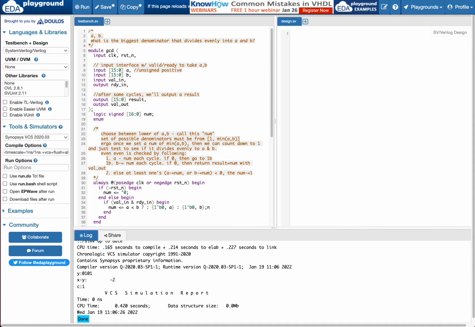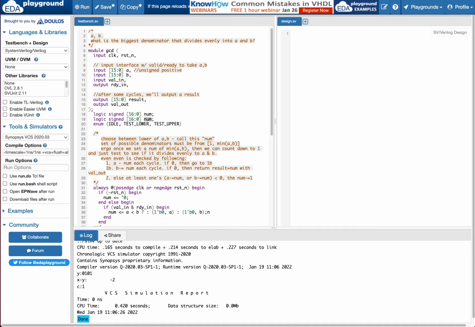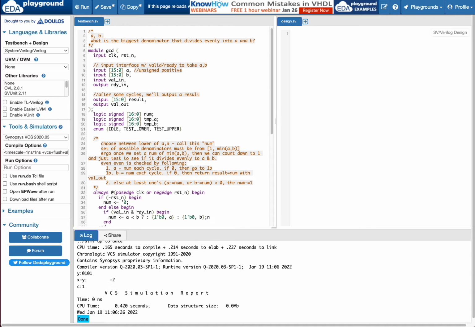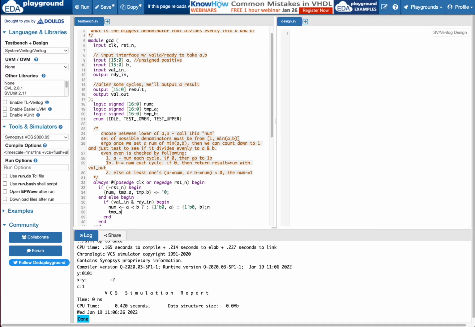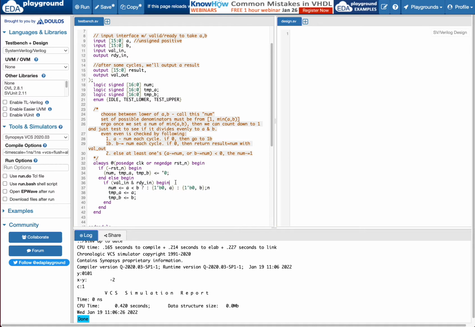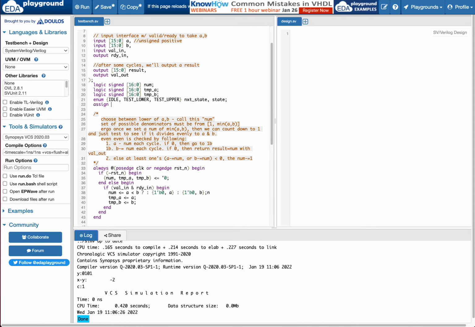And then the enum will just be idle, test lower, test upper, and then these are all reset to 0, and then if we have a handshake, then temp A will just be A, temp B will be B. And then I basically want to assign the ready in as if we are idle.